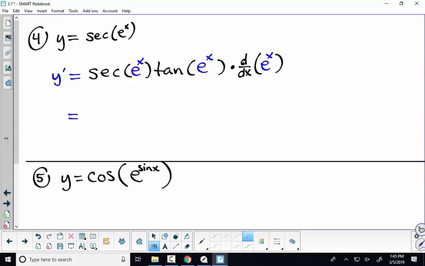And so it doesn't matter where we put that derivative, e to the x, usually put up front, so we have secant of e to the x tangent e to the x times e to the x.